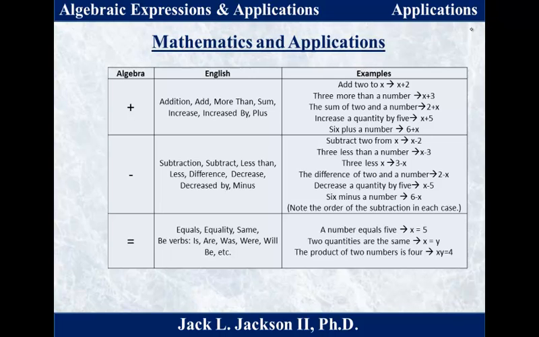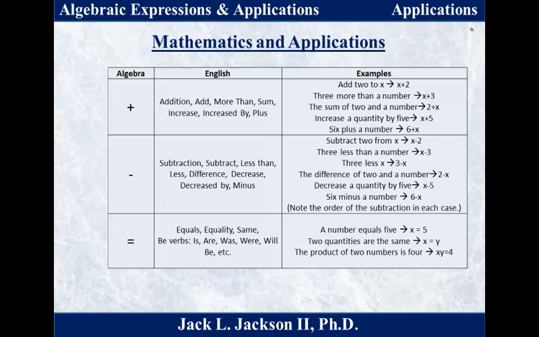Well, one of the biggest ones is the equal sign. Okay, equals, is equal to, equality, same, and the be verbs: is, are, was, were, will be, and so forth. So those all kind of relate to equality. So we could say a number equals 5, x equals 5.